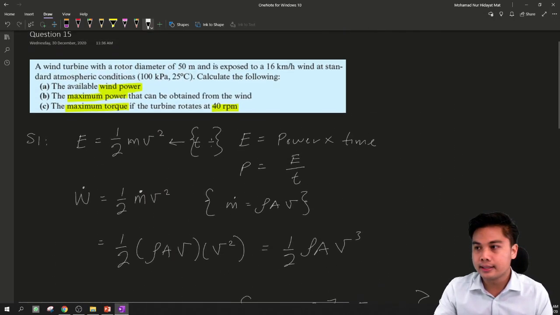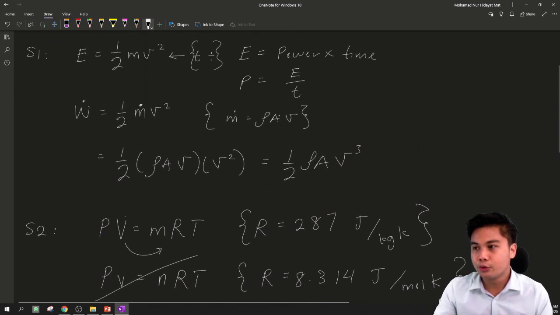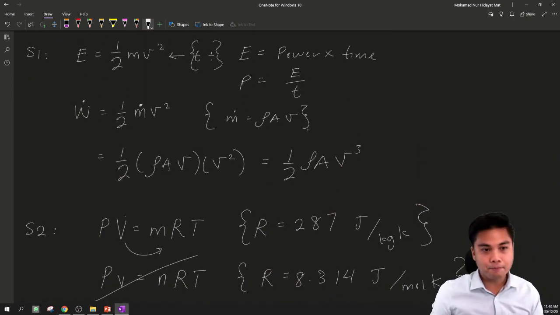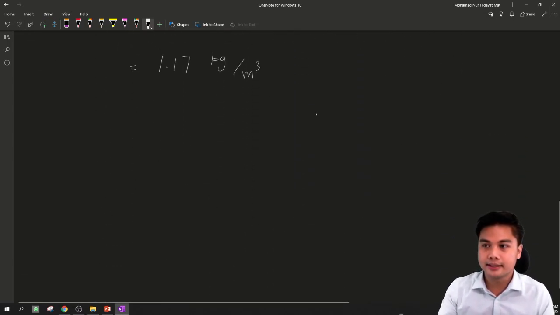So we found the density. And then we need to find the velocity from the continuity equation. Step number 3.